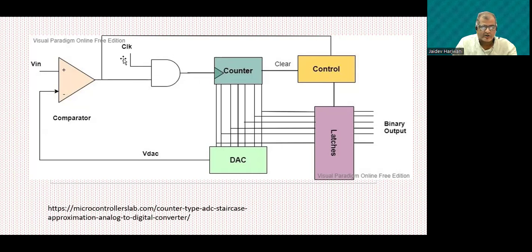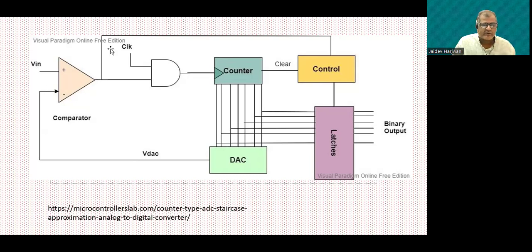As clock pulses are applied, the counter starts counting. Its count increases, and the output of the counter is the input of the D to A converter. As the count increases, the voltage of the D to A converter also increases proportionally.